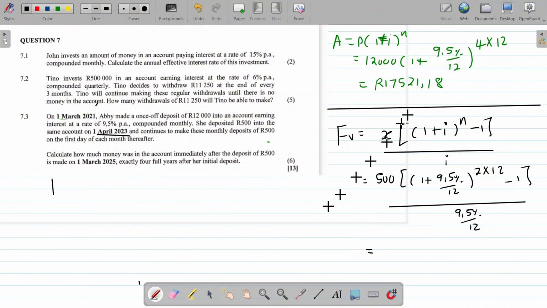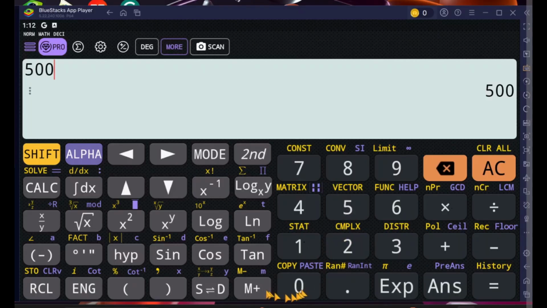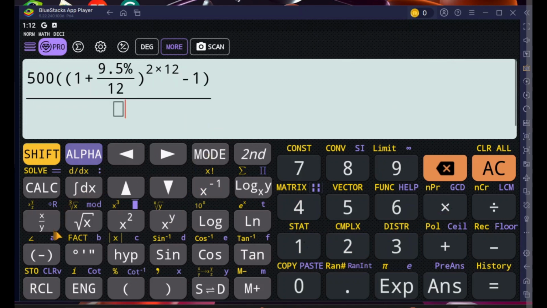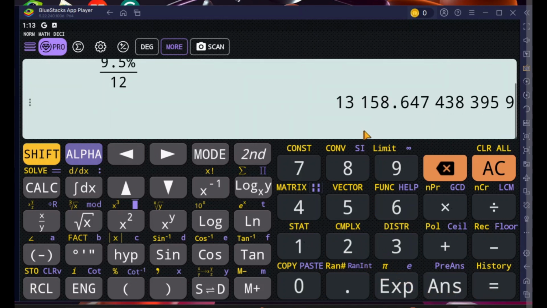We hit that on the calculator: 500, double brackets, 1 plus 9.5% monthly, running for 2 years, and then divide everything by the interest, which is also a fraction. We get 13,158.65.